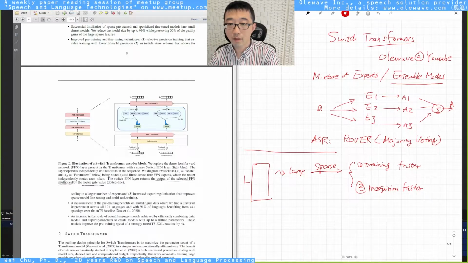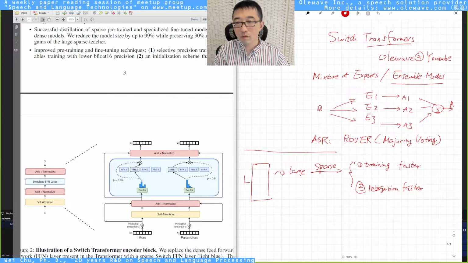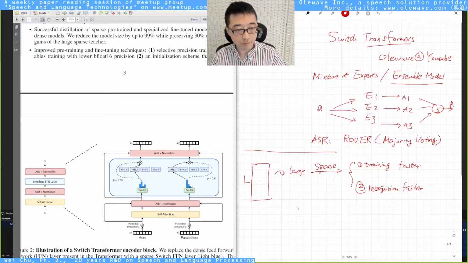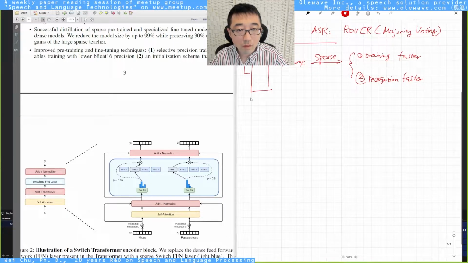On the left figure, you can see a fairly common, well-known architecture which is used in the transformer: self-attention, the residual connection.